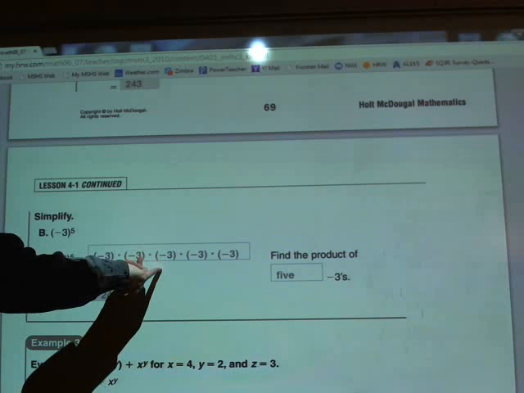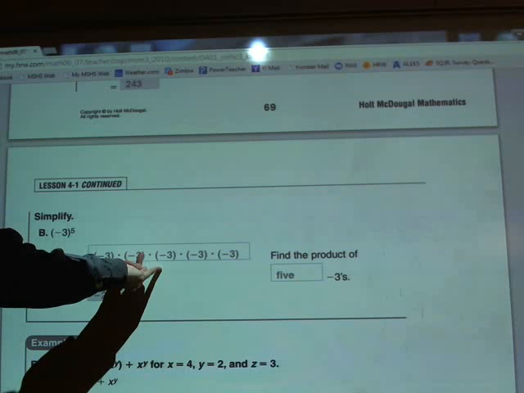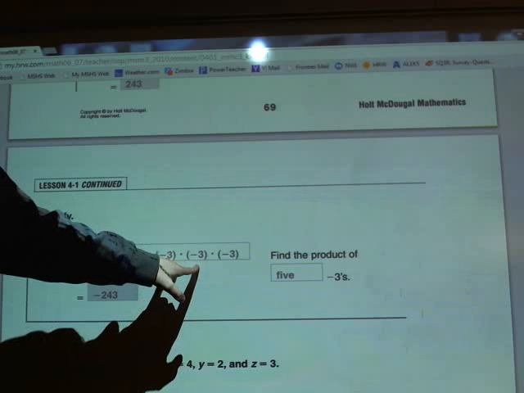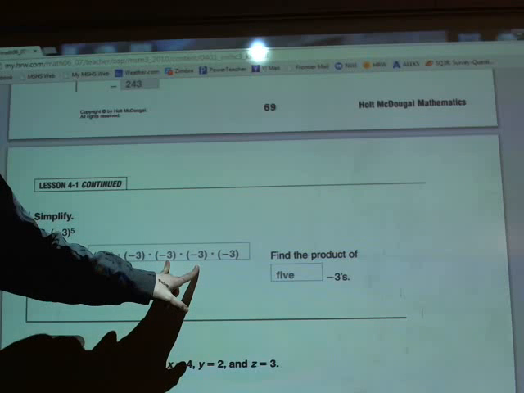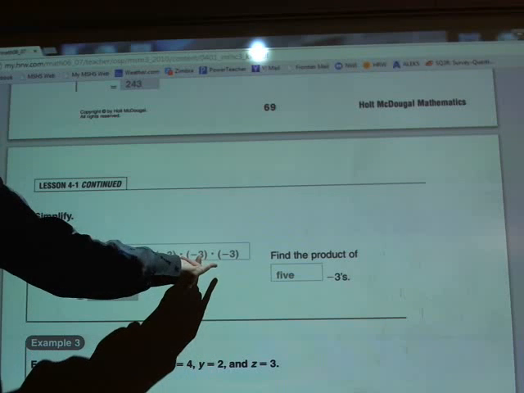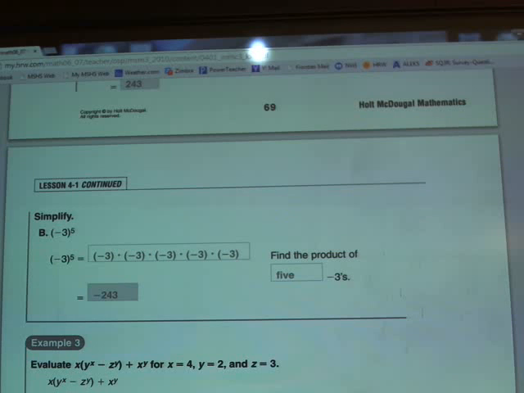Then I multiply that by a negative, which makes it go back to negative, because a positive and a negative make a negative. Then I multiply by another negative, which changes this back to positive, because a negative with a negative makes a positive. And then a positive and a negative makes a negative. As far as the numerical value, it's the same 3's being multiplied together, so it's still 243, but it's now negative 243 instead of positive 243.